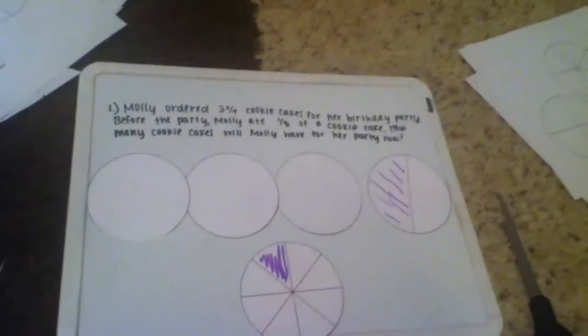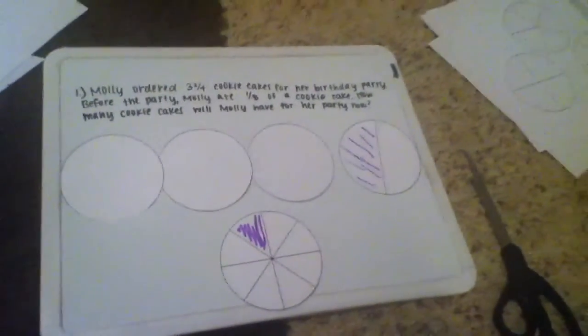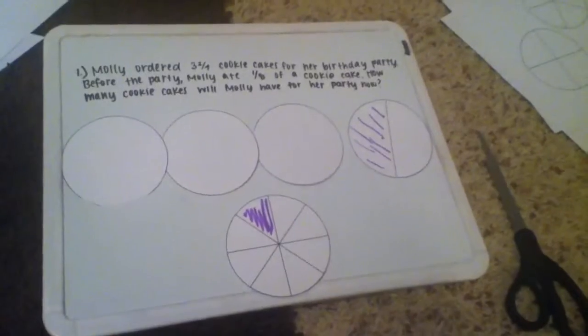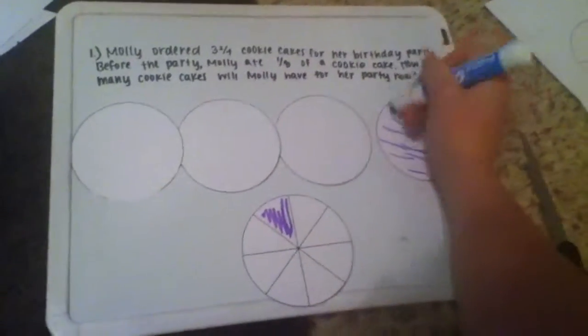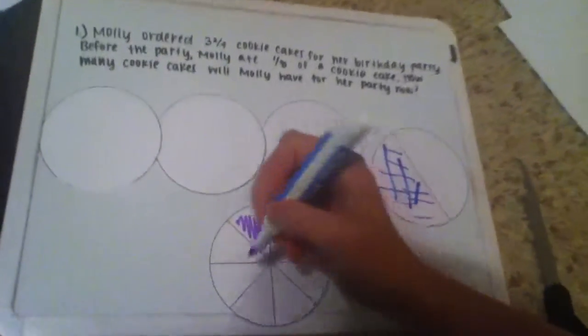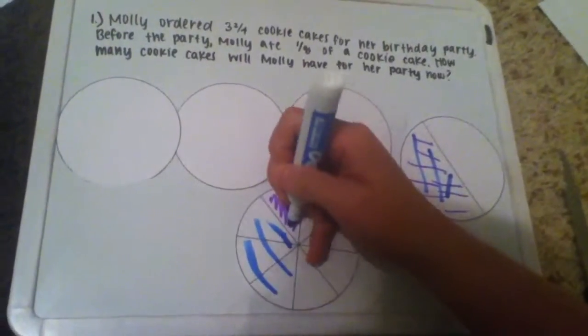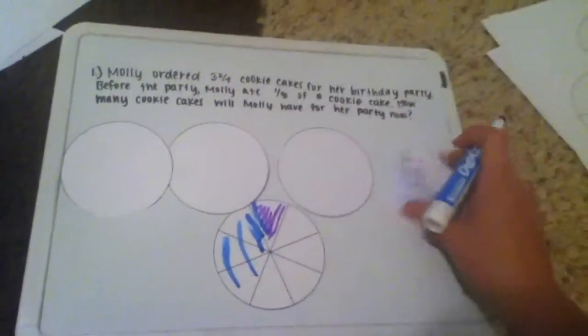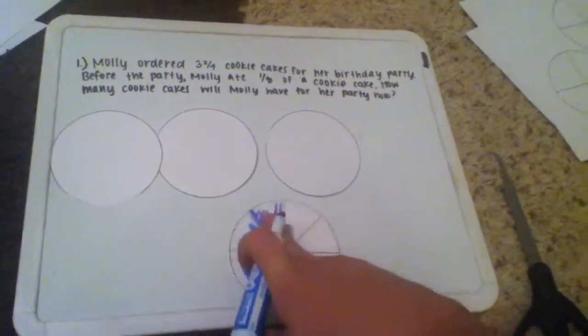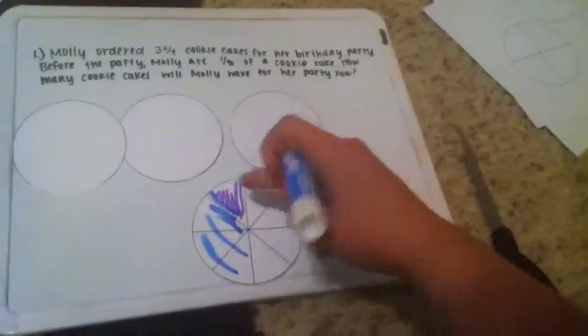So this is now gone from the equation. What we can do though is we know we could color this half in blue. We know that this is what she has. And if we were to do the same thing over here, we could color this all in blue. That represents that she has 3 1/2, but she ate 1/8. So now we can only count the 8ths that are not eaten, so not in purple.